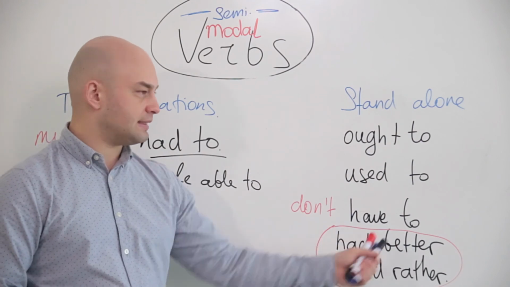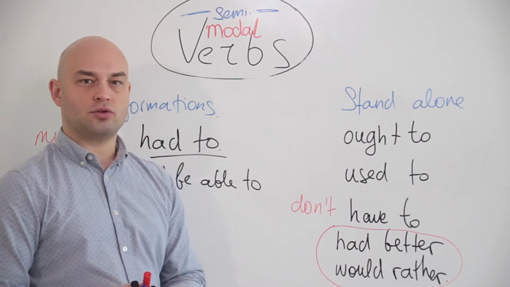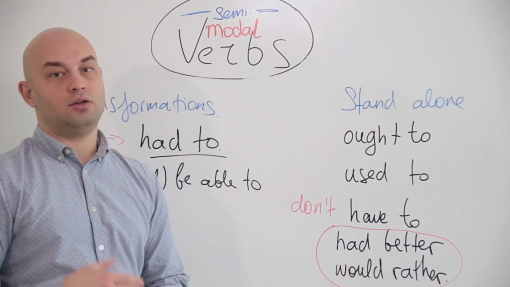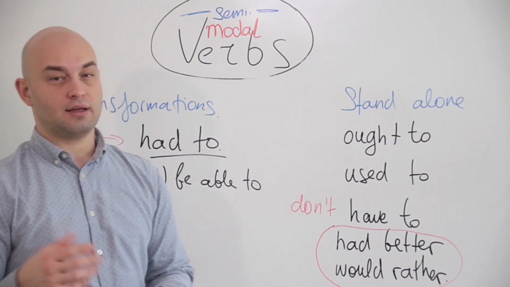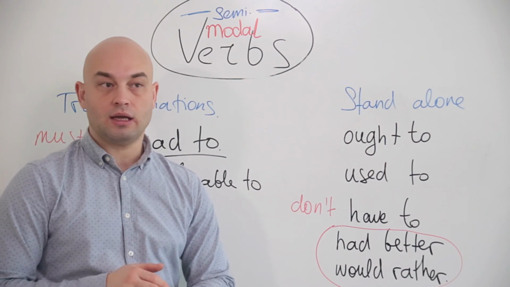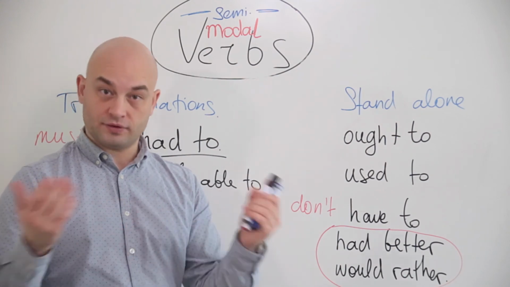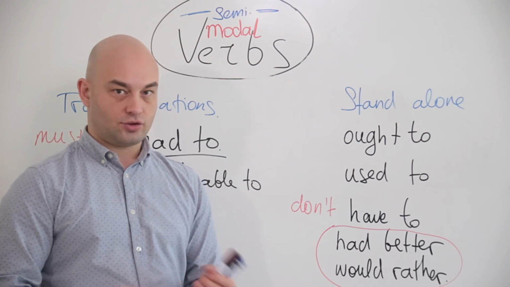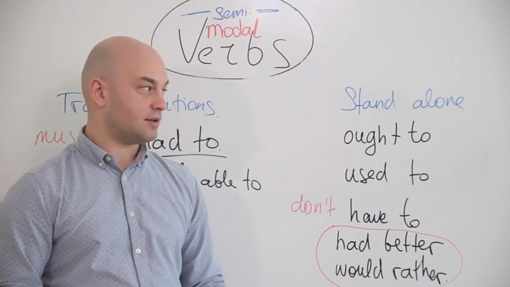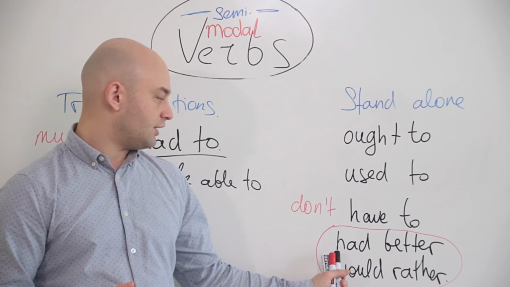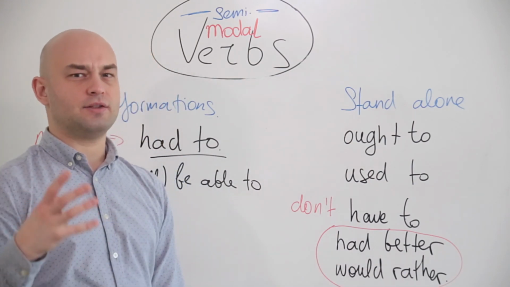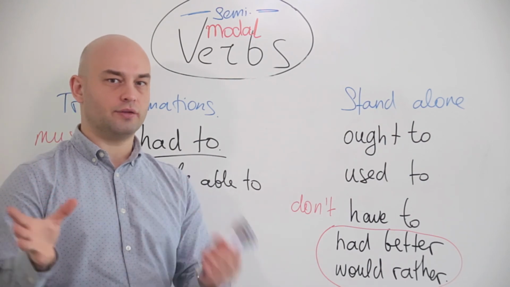It's a strong recommendation, sometimes also used as a threat. And this one, I'd rather, is used for expressing a preference. I would rather have less money and live in a more comfortable flat than the other way around. So this is used for expressing a preference. This one is used for giving a strong recommendation, also sometimes like a bit of a threat, but not a real threat.